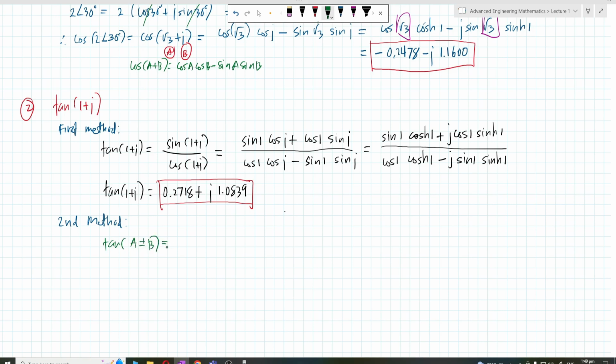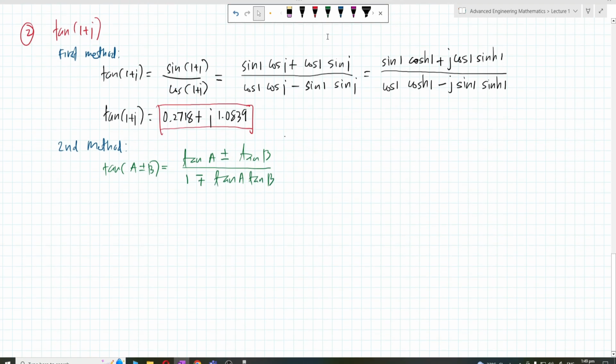The tangent of a plus or minus b is the same as tangent of a plus or minus tangent of b, over 1 minus or plus the product of tan a and tangent of b.